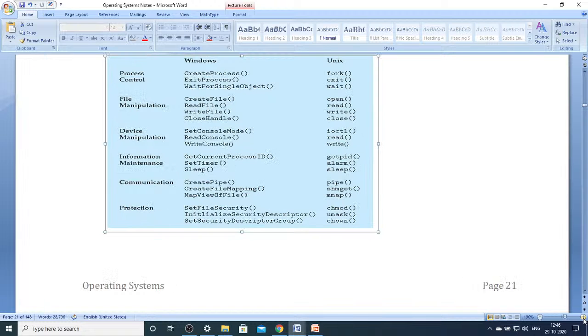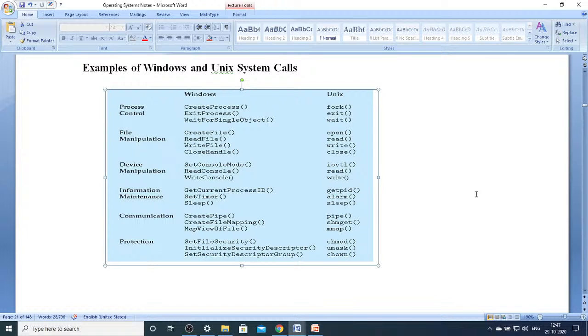This box, because all 6 types of system calls are addressed here, and in Windows and Unix, how they are invoked. So for system calls, it would be great if you are able to draw this particular box. So this is the 4th question I mentioned.